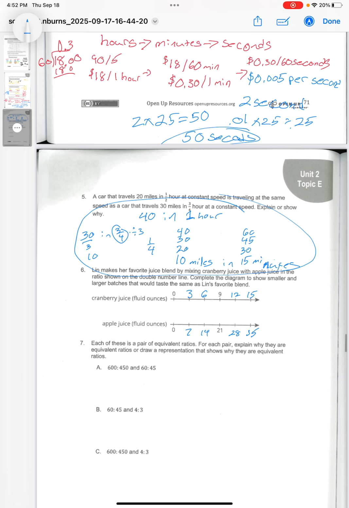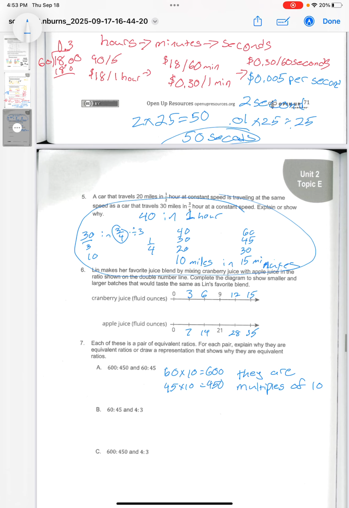Okay, so these are equivalent because 60 times 10 is 600. 45 times 10 is 450. They are multiples of 10.